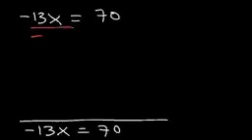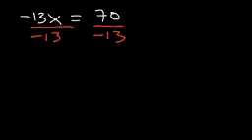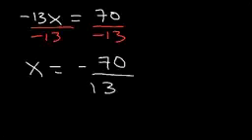So at this point, all we need to do is divide by negative 13. So x is equal to negative 70 over 13. And we'll leave the answer like that.